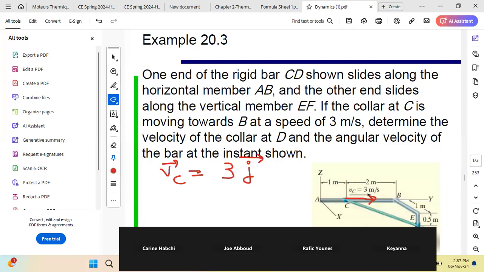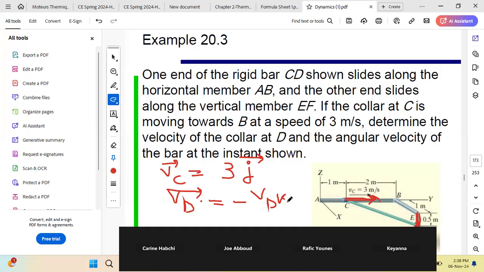And point D is moving along EF, so you are sure that the velocity of D is along Z. But you don't know the magnitude. So VD vector, you can write it as: you can do analysis that if C moves like this, D will move downward. Okay, so you can write minus VD K, sorry.